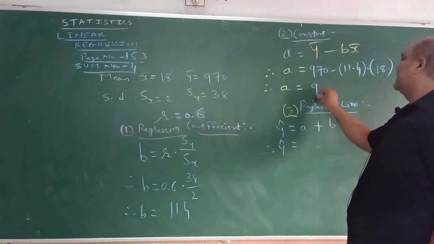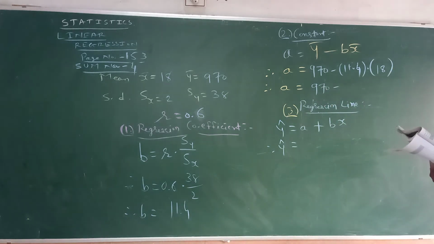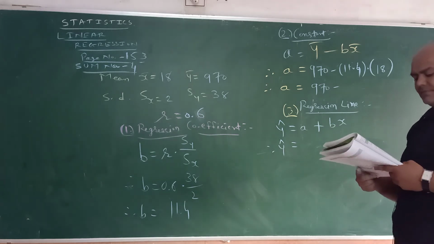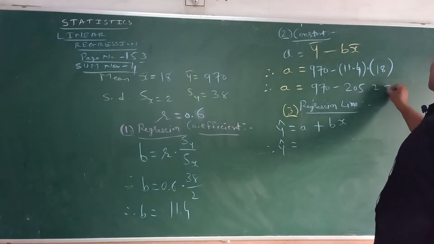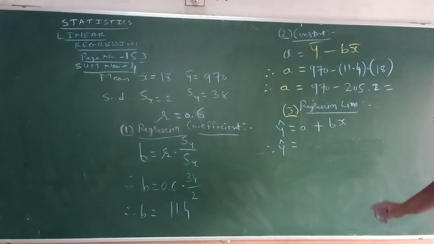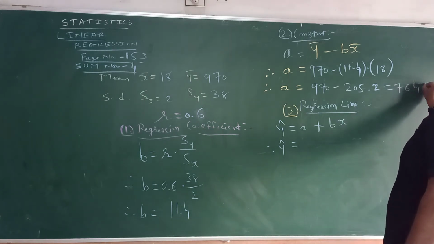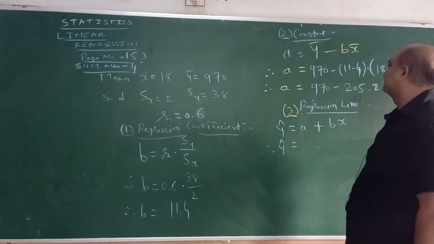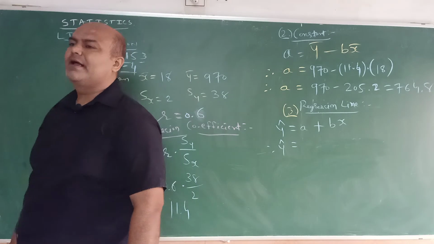So 970 minus 11.4 multiplied by 18. 11.4 times 18 comes to 205.2. So the final answer is 970 minus 205.2, that is 764.8. This is called the constant, or A.